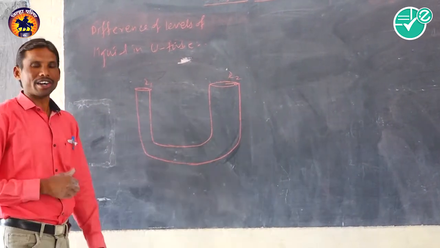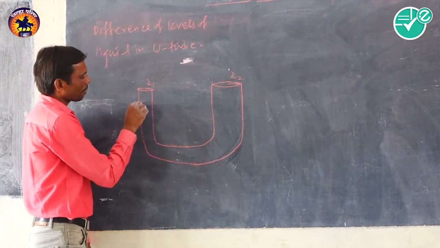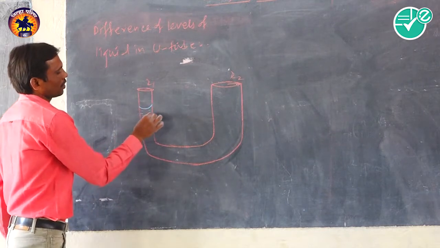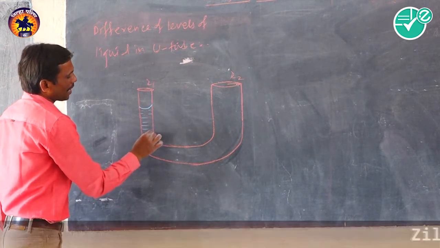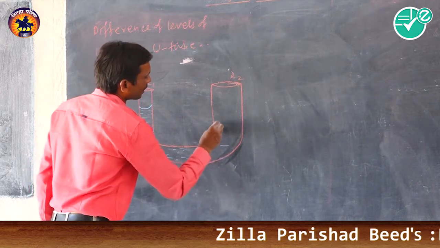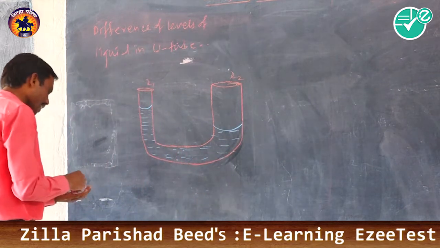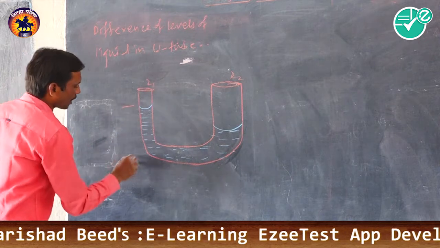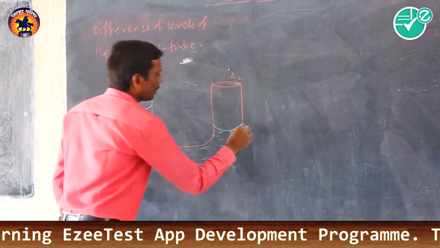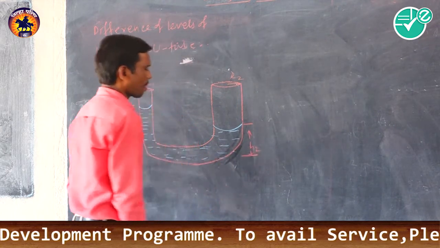In this case, what happens? So obviously it is found that the level of the liquid inside the narrow tube is higher than the level of the liquid inside the wider tube. Now consider the height of the liquid in the narrower tube as H1, and in the wider tube as H2.